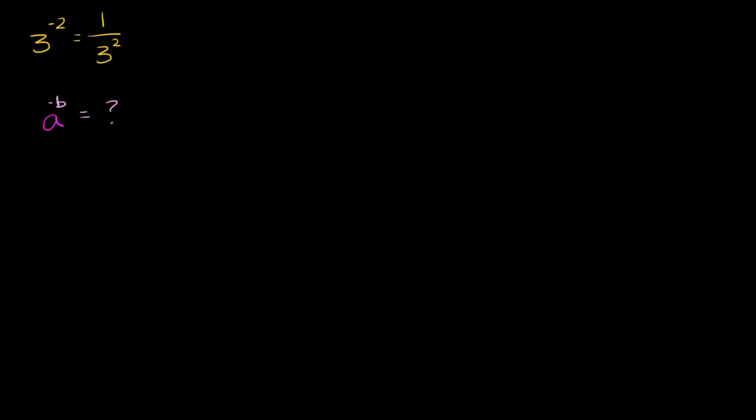So we know that we want to uphold the property that if we have the base raised to an exponent, and that's being multiplied by that same base raised to another exponent, we just add the two exponents.